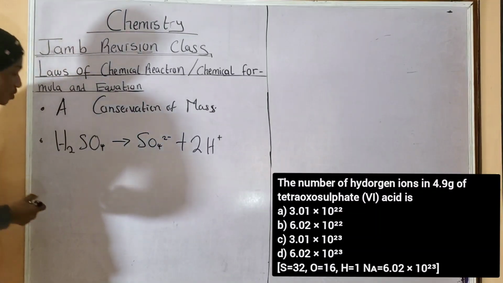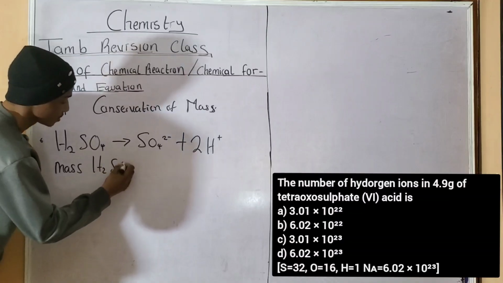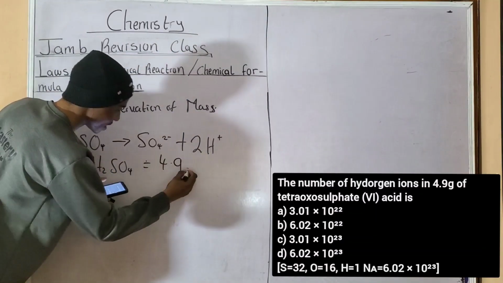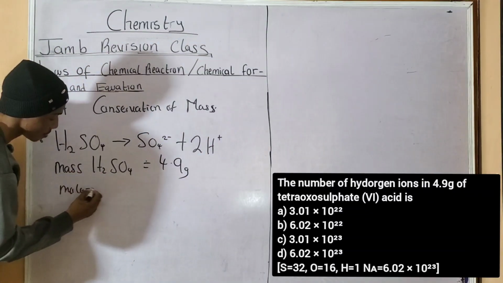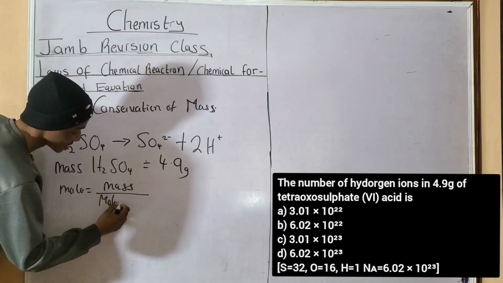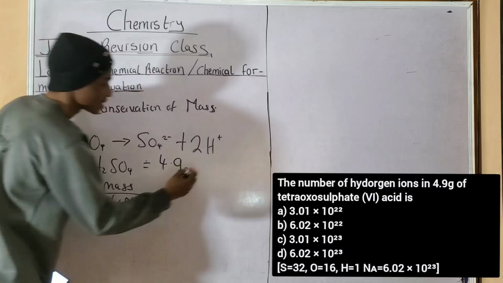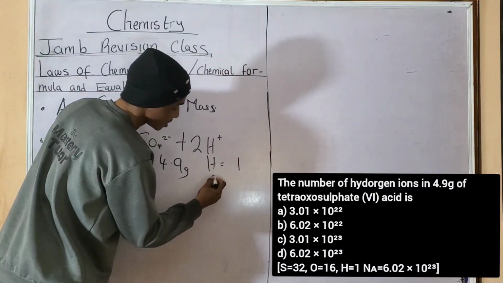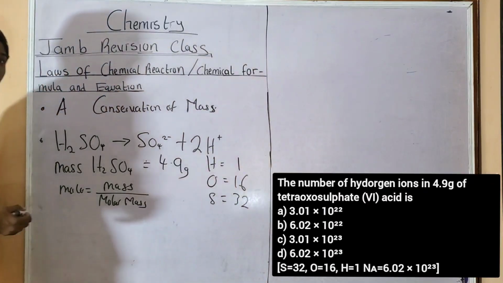Are you getting it? Don't forget the mass of H2SO4 is 4.9 gram. You understand? Okay, and mole is equal to mass over the molar mass. Are you following? Now let us calculate the molar mass. Hydrogen atomic mass is 1, oxygen is 16, and sulfur is 32.